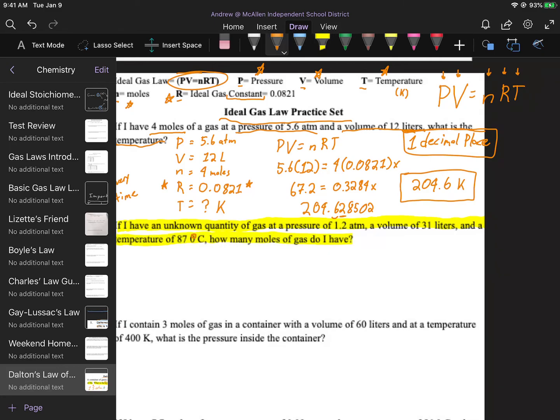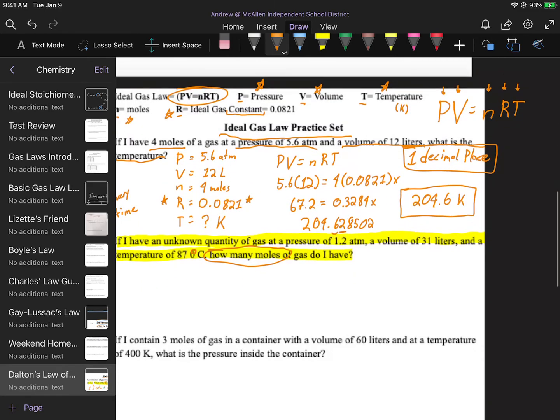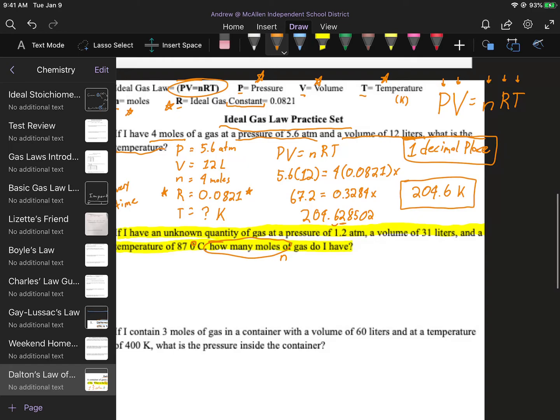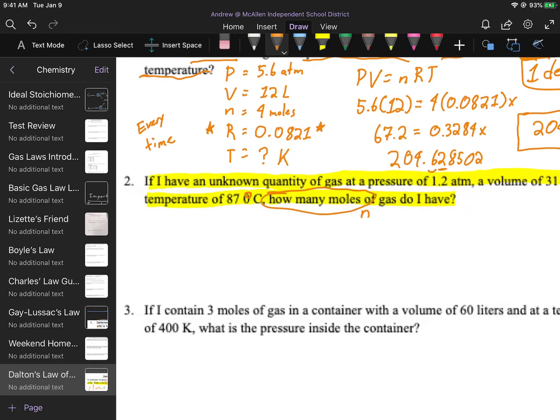So the question wants to know how many moles, which means we're looking for N. So when we rewrite our variables, we have P, V, N, R, T. We already know that N should be our unknown.